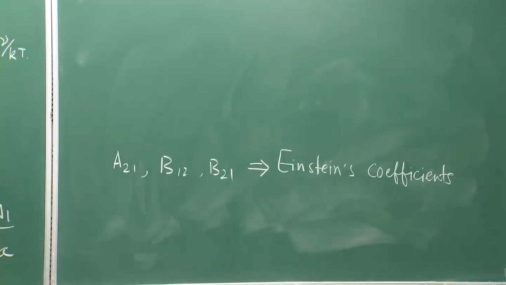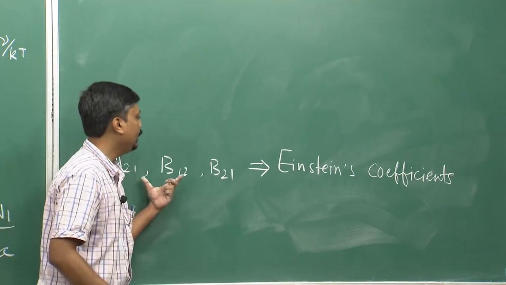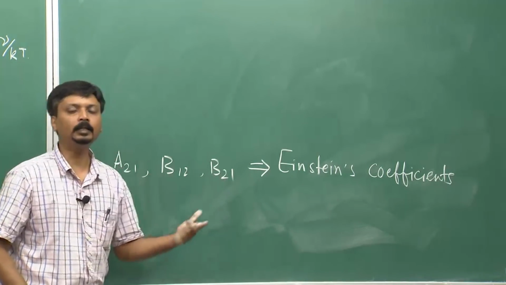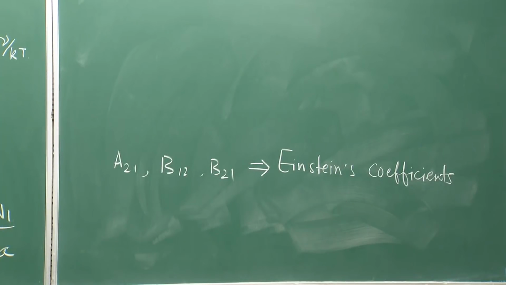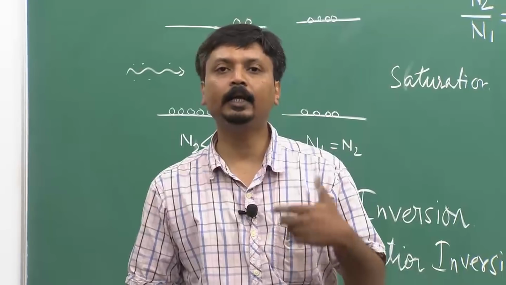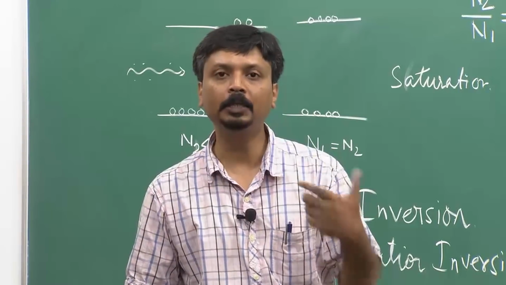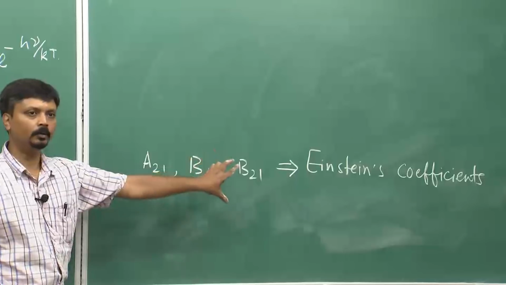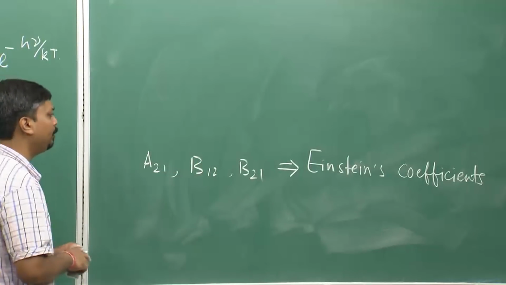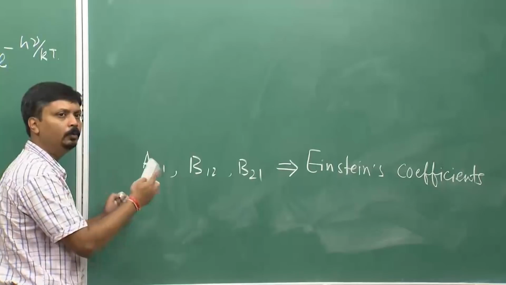I do not remember if I have mentioned this, but these A and B's are known as Einstein coefficients. You will many times come across in the books Einstein's A coefficient, Einstein's B coefficient and so on. So, you should definitely know this one. If I have not mentioned it, now you know.